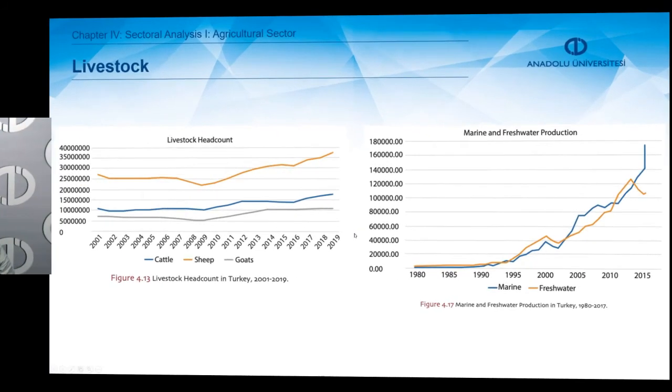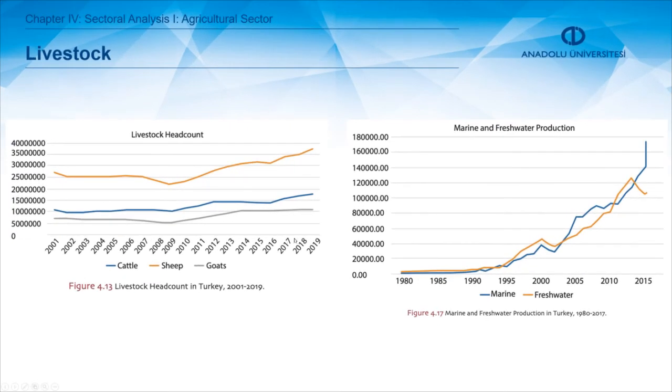For the livestock, we also have an increasing trend, especially after the 2000s and 2010, which we see here. The headcount for cattle, sheep, and goats increased significantly after 2010, 2009. And the same is true also for marine and freshwater production.